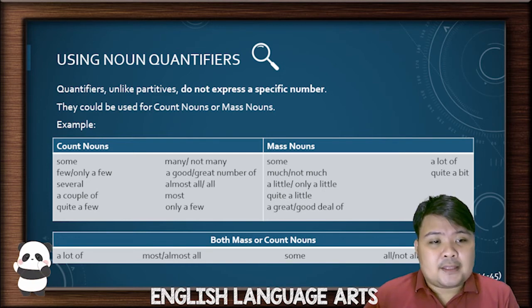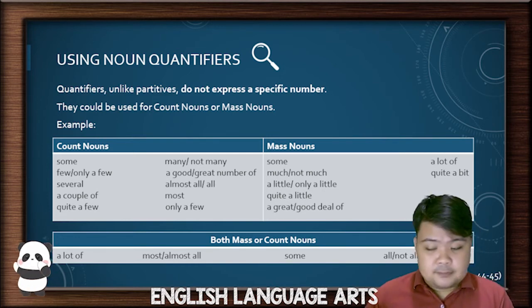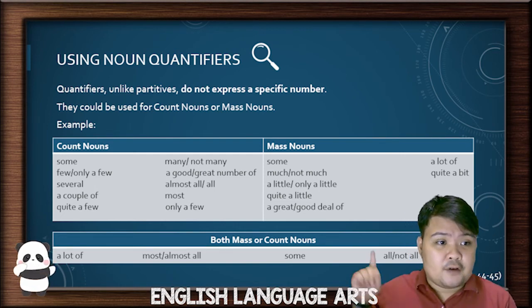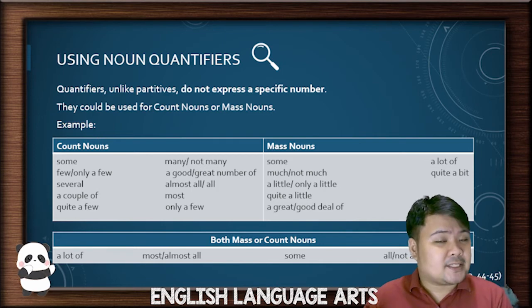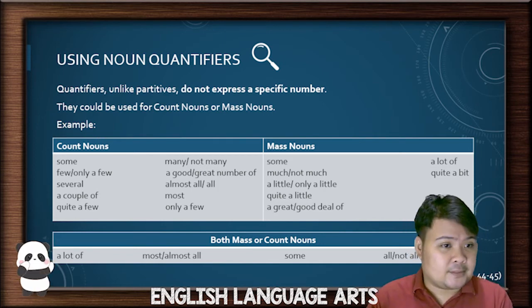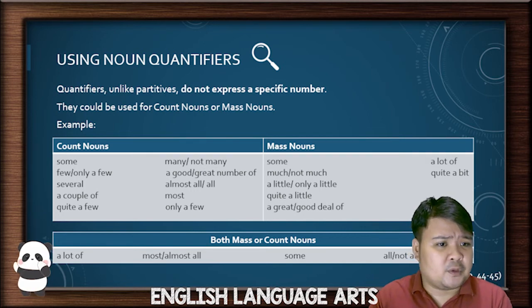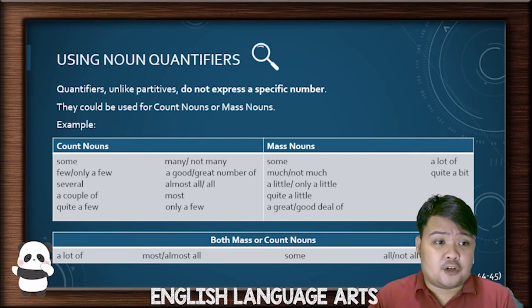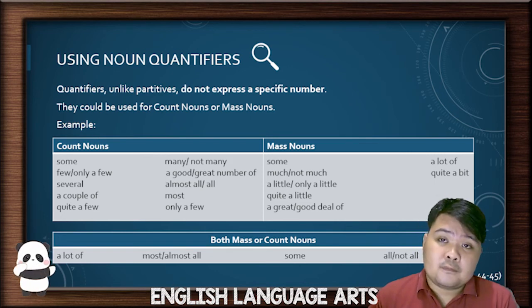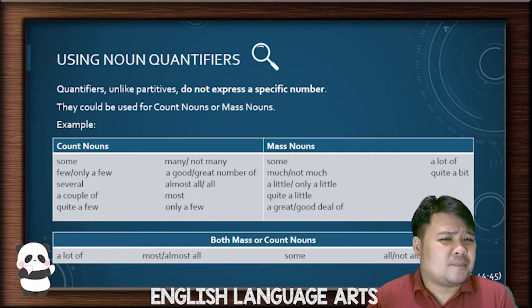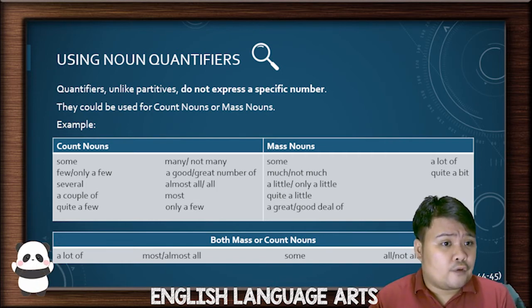And unlike partitives, you only have a certain set of quantifiers for count nouns and a certain set for mass nouns. Take, for example, in count nouns, you could say some, few, only a few, several, a couple of, quite a few, many, not many, a good or great number of, almost all or all, most. These are different quantifiers that you use for a count noun.